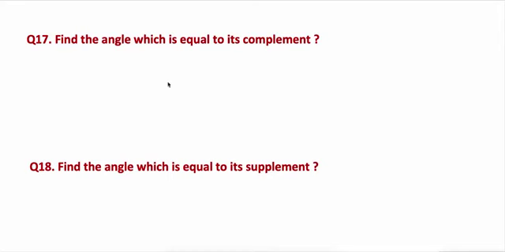17. Find the angle which is equal to its complement. As we know, for complementary angles, angle 1 plus angle 2 is equal to 90 degrees. Here the angle is not mentioned and we have to find the angle. So let the angle be x.